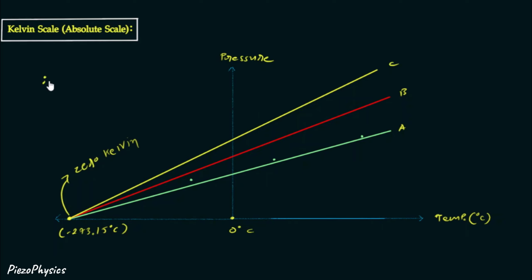Therefore, 0 Kelvin equals minus 273.15 degrees Celsius. That's why we have the equation for temperature in Kelvin as T equals t plus 273.15, right? So this is our main equation to convert temperatures from Celsius to Kelvin.